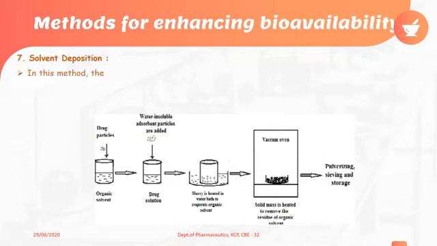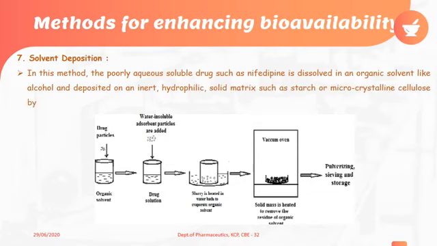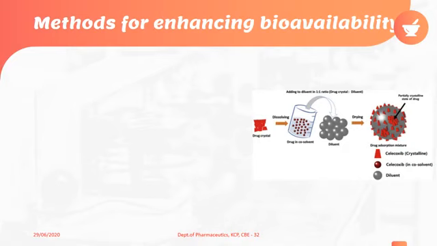In this method, a poorly water soluble drug such as nifedipine is dissolved in an organic solvent, namely alcohol, and deposited on an inert hydrophilic solid matrix such as starch or microcrystalline cellulose by evaporation of the solvent. This is one method for enhancing the bioavailability.